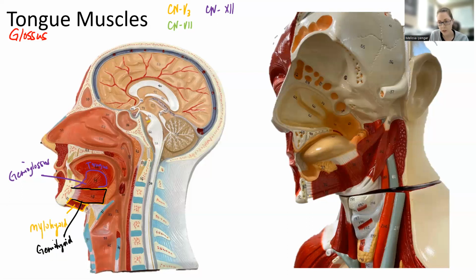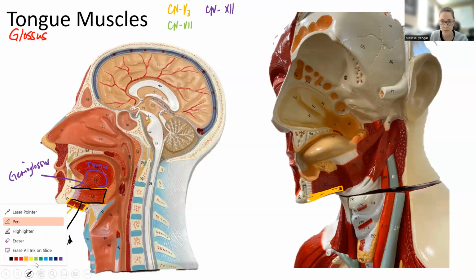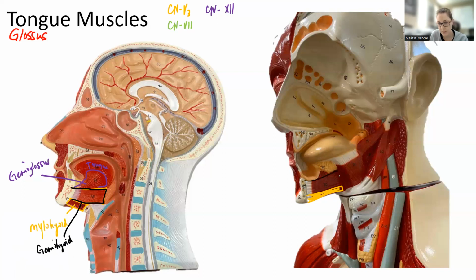And then when we look at the other large model we had in class, this strip down here is mylohyoid, innervated by cranial nerve 5-3, the mandibular nerve. And then this next strip is geniohyoid. And here you can't see genioglossus because they cut the tongue in a weird three-dimensional way.